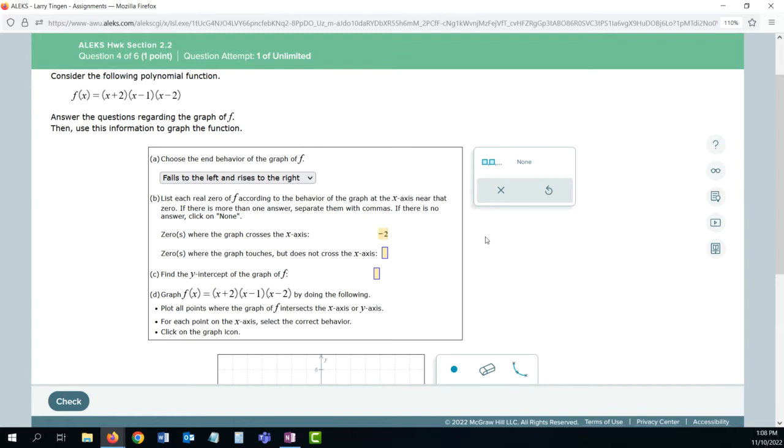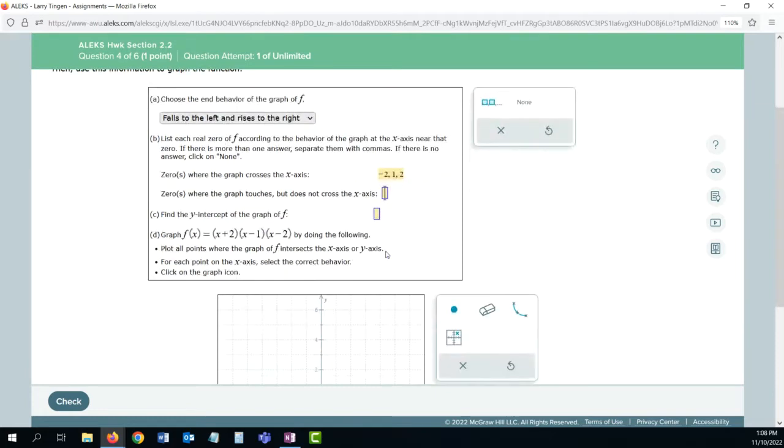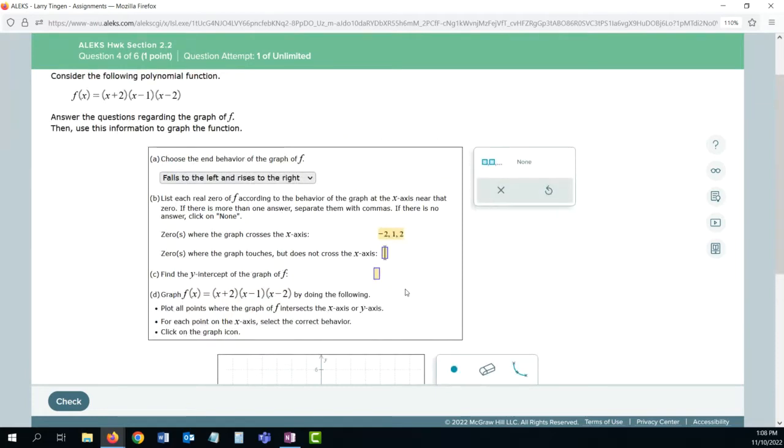The zeros are -2, +1, and +2. I did that by just taking the factors, setting them equal to 0 and solving. It does not touch and then go back at any of those.